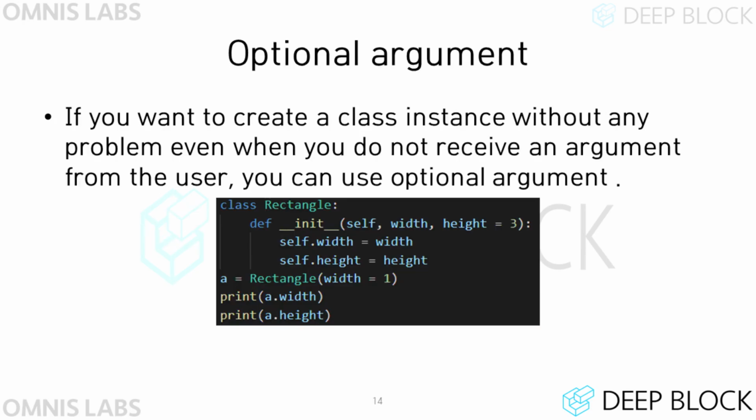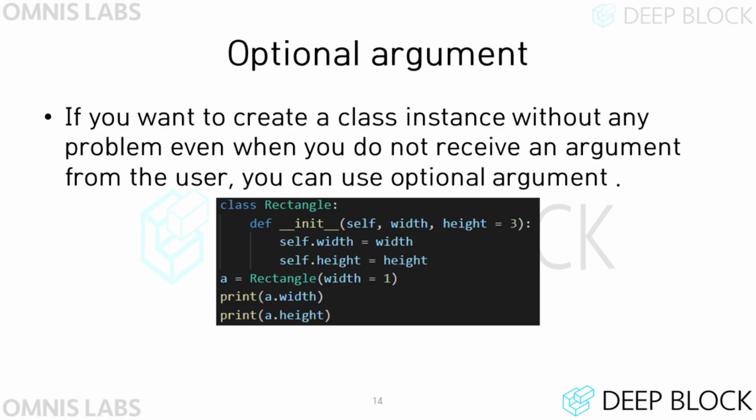We just learned that initializer is used to initialize internal attributes. However, if you want a class instance to be initialized even when the user does not provide any attribute values, you can set a default argument.